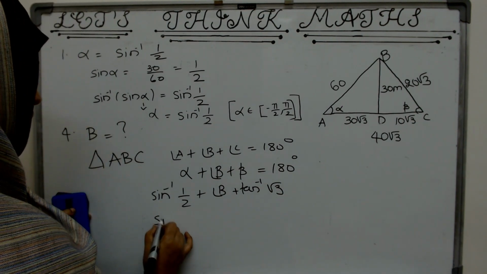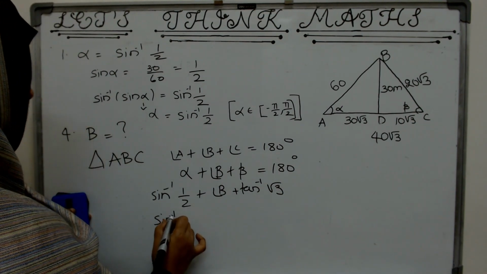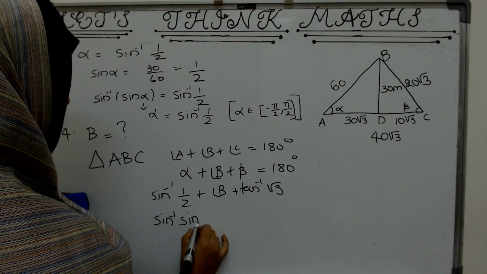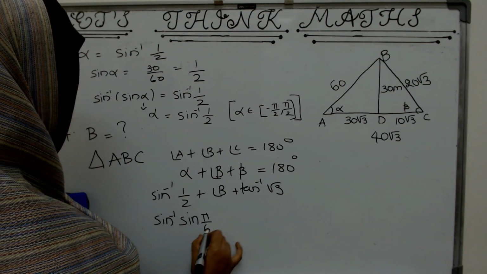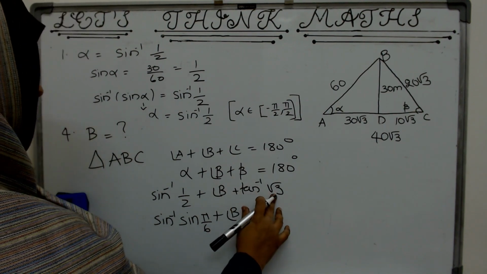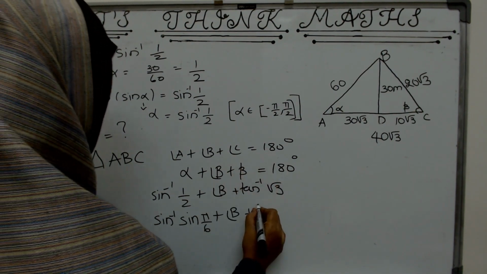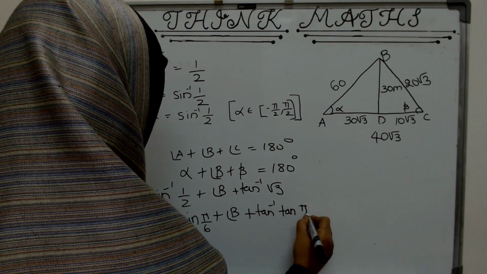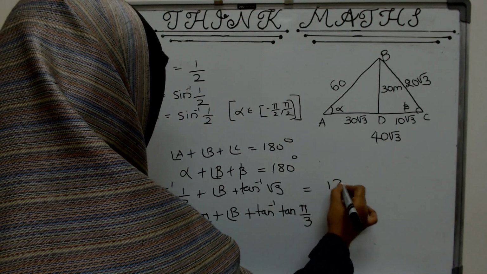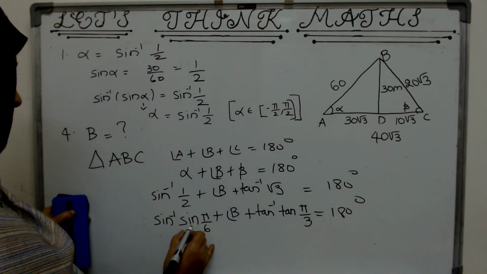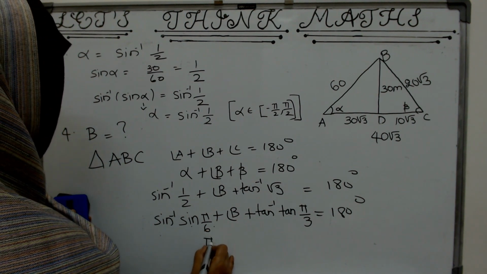Now, which angle has the sine value half? 30, right? Sine inverse of sine pi by 6. And which angle has the tan value √3? 60, right? Tan inverse of tan 60. So sine inverse of sine pi by 6 is pi by 6.